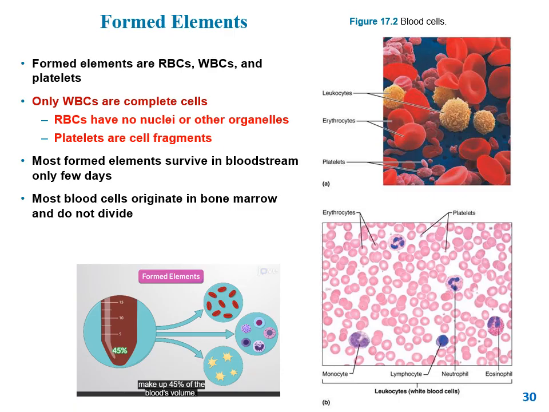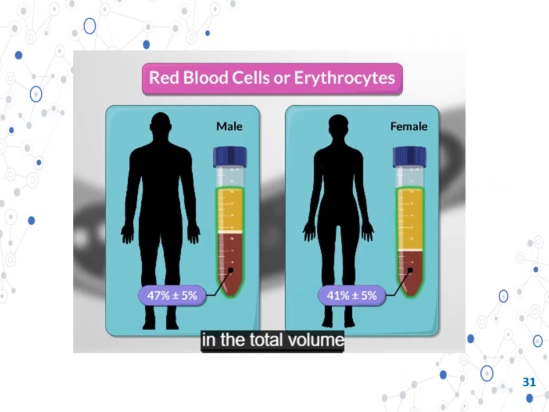Here you have your white blood cells, and look, only the white blood cells are complete cells, because red blood cells do not have nuclei, and your platelets are just fragments. So white blood cells are the true cells, and they do have nuclei.